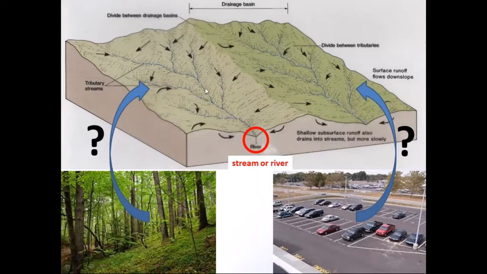So the effects of surface water in a drainage basin can be controlled by humans. If we tend to clear cut everything and pave it over, we're going to affect the amount of water and the quality of water coming out of it here at the outlet, versus if the drainage basin is forested, vegetated, not bulldozed over, not burned, not paved over.